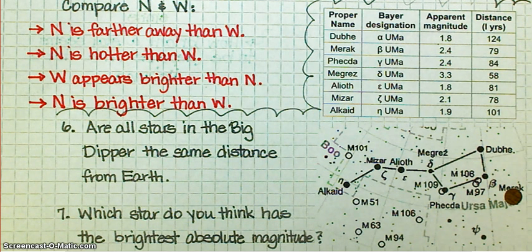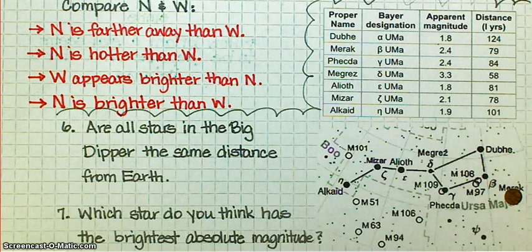All right, number 7 asks, which star do you think has the brightest absolute magnitude? Would it be the first one? Because it has one of the brightest apparent and it's farther. Yes. So she asked, would it be the first one? And the answer is yes. Dubhe has the smallest number for apparent magnitude, which means that it appears bright.